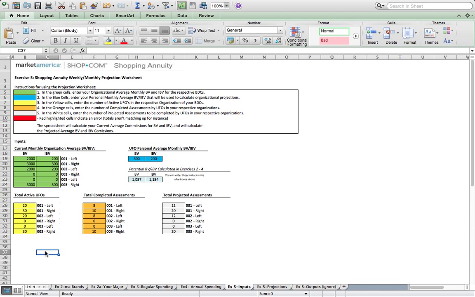All right? The next area you're going to go to is completed assessments. How many people in your organization that you've identified have gone through the presentation and also have taken the assessment themselves? You're going to put in how many of those you know you've gone through, and then your projected is how many would you like to project? How many do you want to take through the presentation and assessment within your organization?